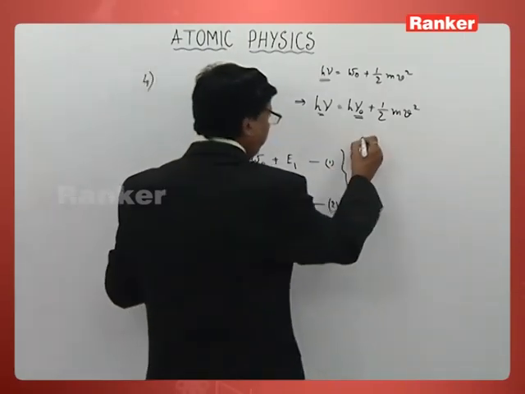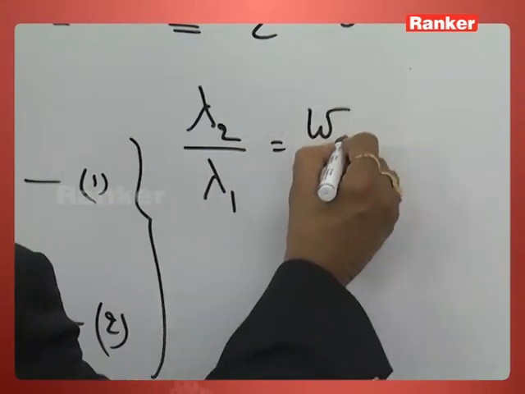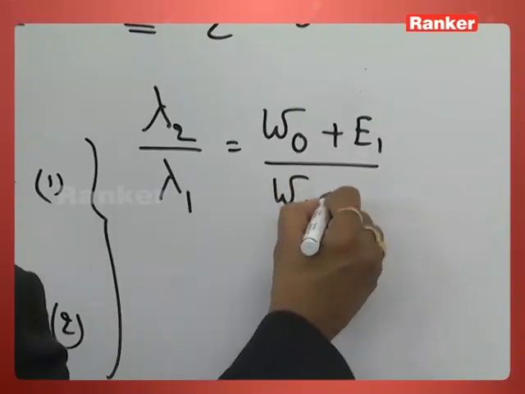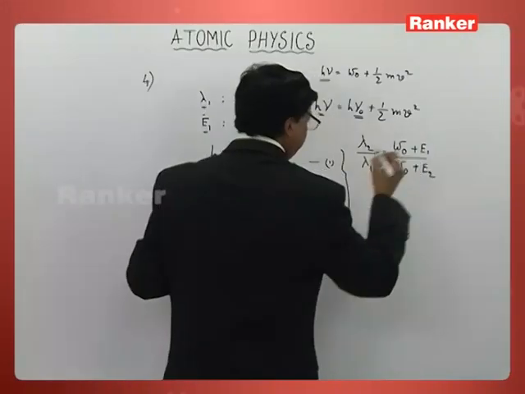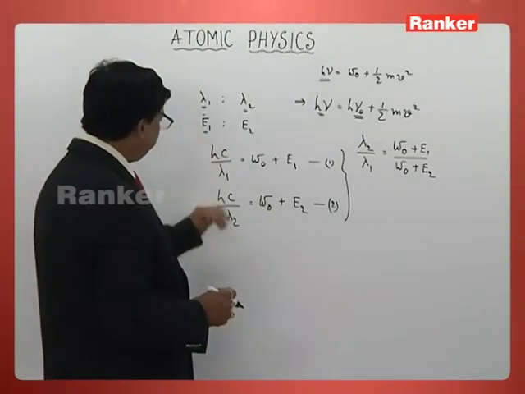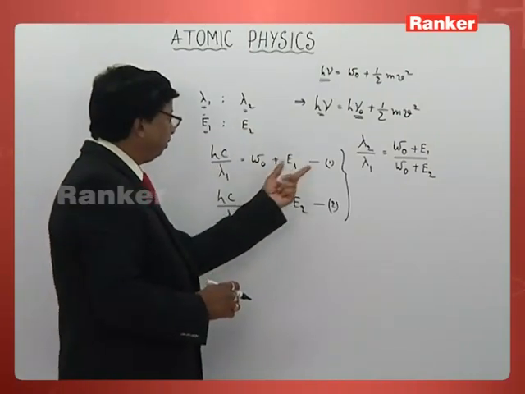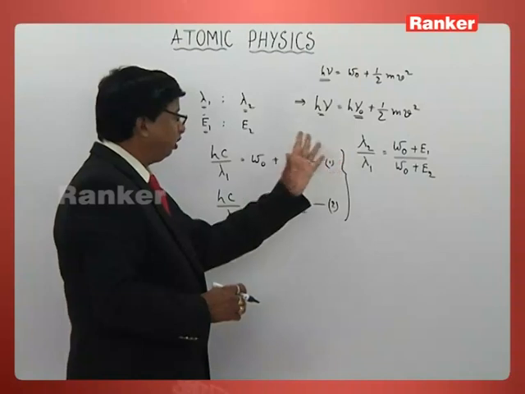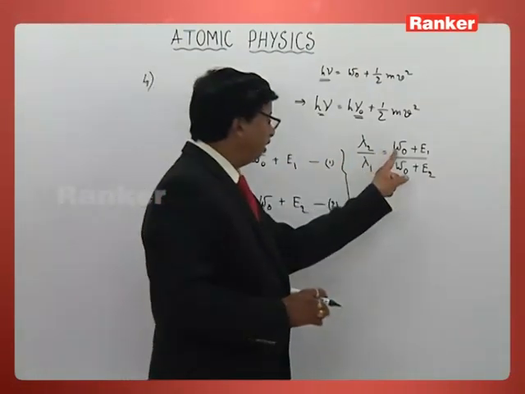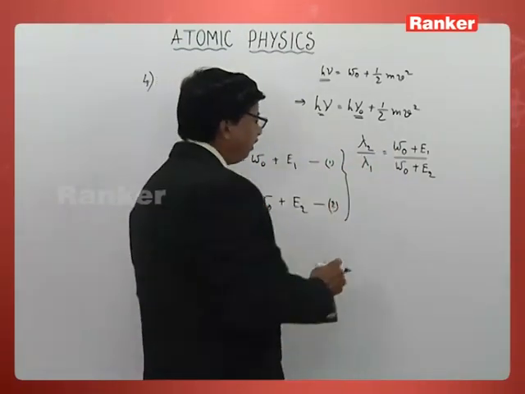You are going to get lambda 2 by lambda 1 is equal to W naught plus E1 by W naught plus E2. Look at it once again: hc gets cancelled, lambda 2 by lambda 1 on my left, and on my right, W naught plus E1 divided by W naught plus E2, that is the ratio. Out of that, W naught is the one we have to estimate. Let's cross multiply and finalize the value.